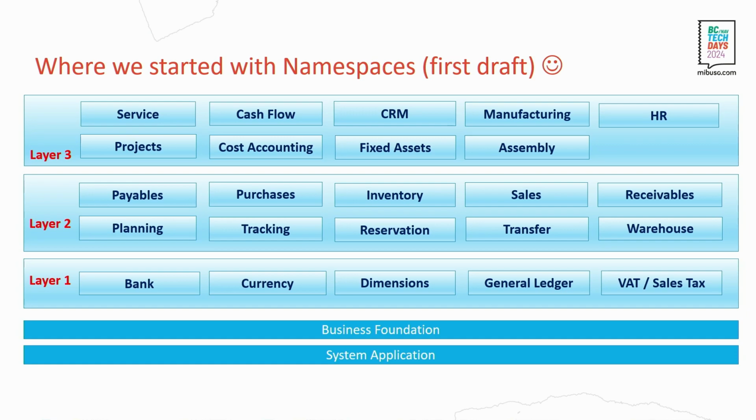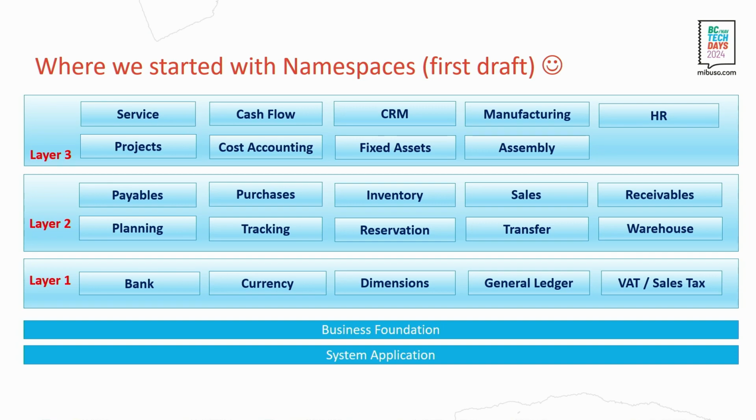And we have currency or dimensions as primary entities which are used across the application. If you remember the very old licensing guide, there was a separate granule for currency and, I think, for dimensions. And we have VAT and sales tax setup, which is common for all modules and the whole application. That means layer 1 should be bank, currency, dimensions, general ledger, and VAT sales tax.